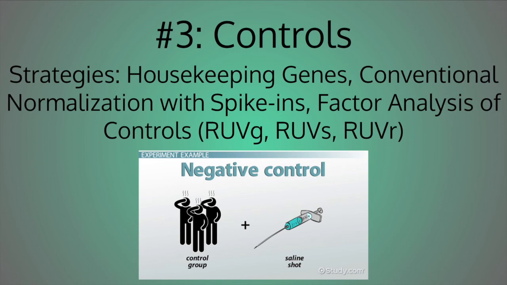Or you can use factor analysis of controls, which encompasses a wide variety of methods like RUVG, RUVS, RUVR. Typically, you have an understanding of your system to the degree that you can identify sets of genes that aren't going to be differentially expressed between your different experimental conditions.